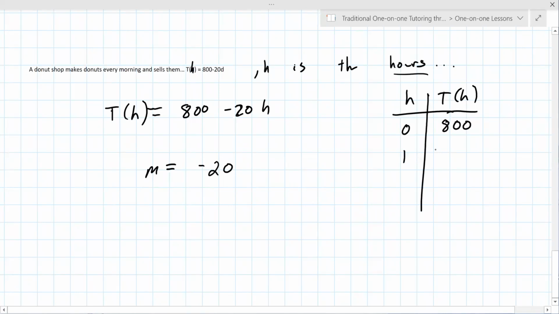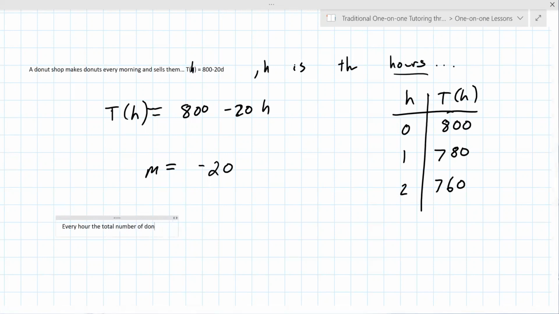When 1 hour goes by, it has 780. When 2 hours go by, it has 760. So every hour it goes down 20. Every hour, what goes down by 20? The amount of donuts. Yes. So every hour, the total number of donuts goes down by 20.